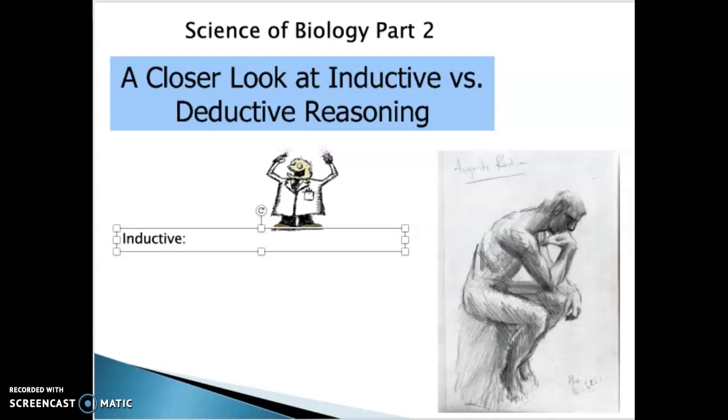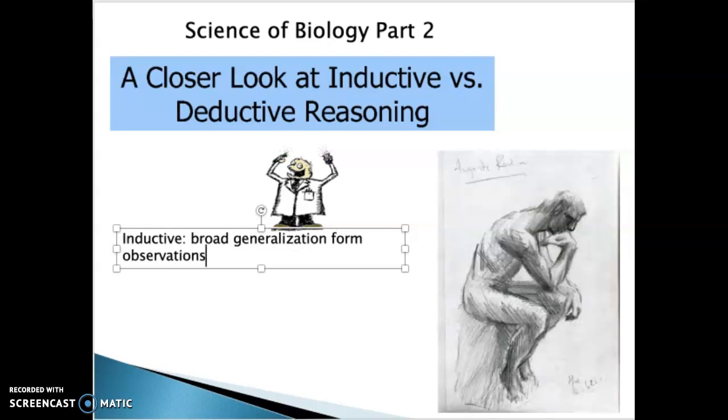In inductive reasoning, what we do is we make a broad generalization of something, but we're making this generalization from observations. So I observed this, I saw this event happen, and I'm trying to draw a conclusion from this. That's the idea behind inductive reasoning: broad generalization from a specific observation.